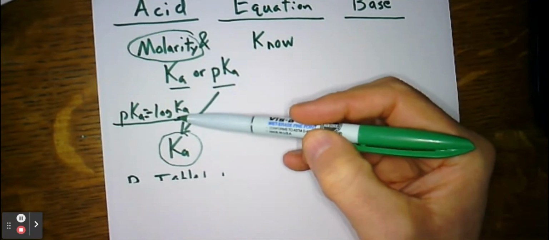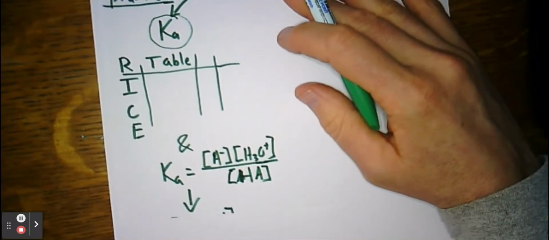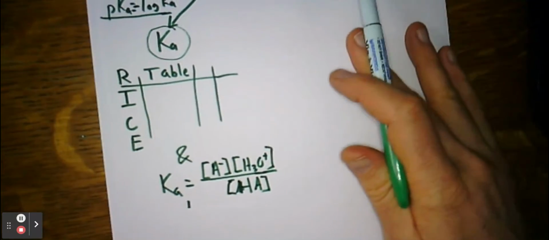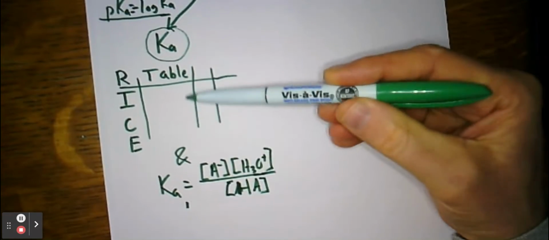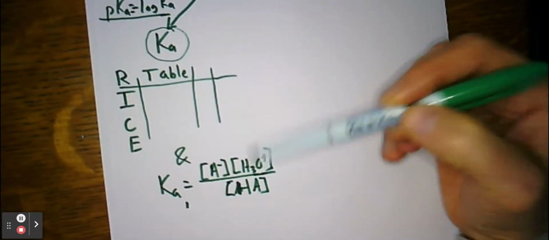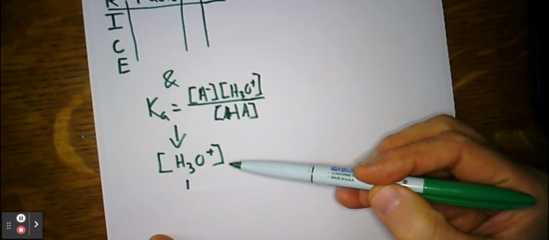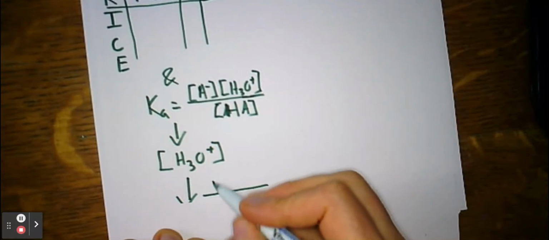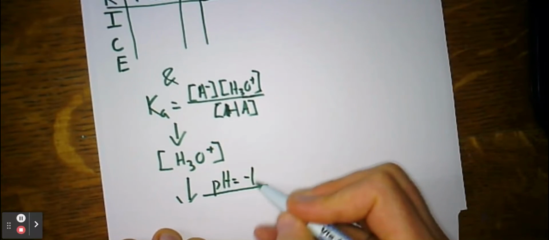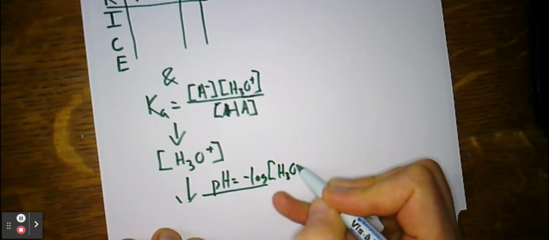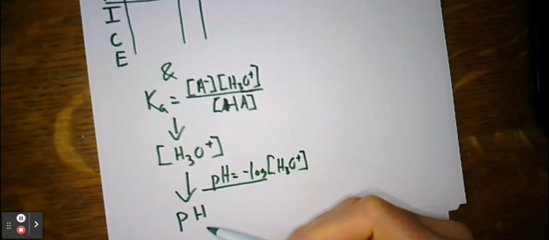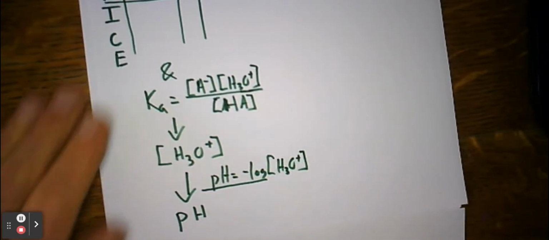These are the formulas; you can write them down if you want. Once you know your Ka value, you make a RICE table and use your ionization constant expression. Those two things get you to a hydronium concentration. Then you use pH equals negative log of hydronium to get the pH. Boom, done.